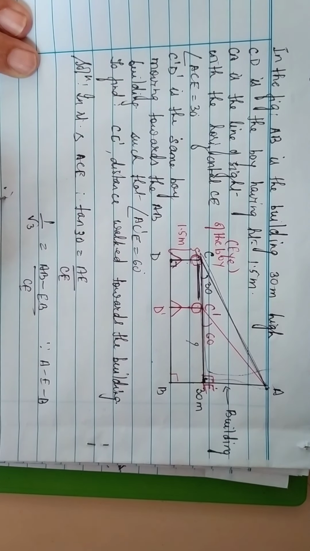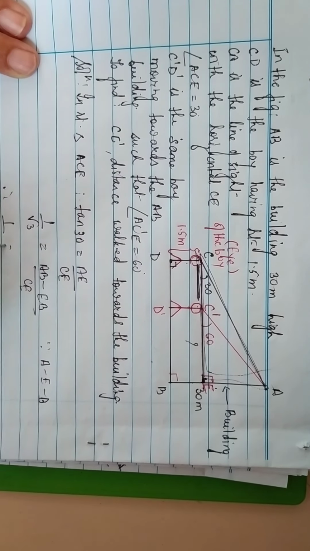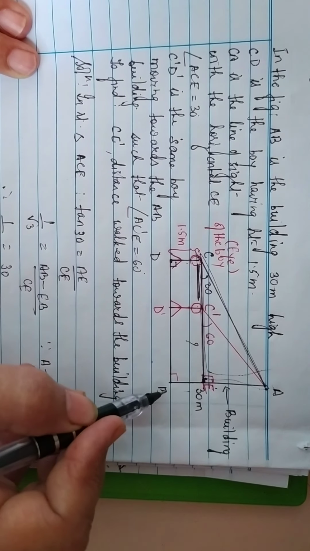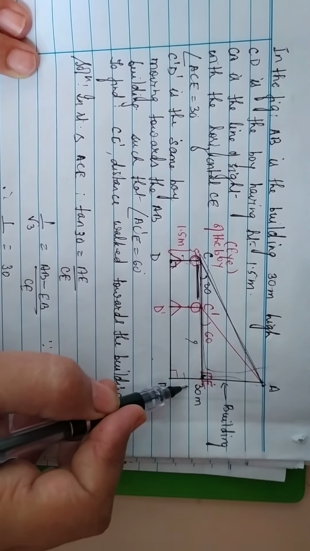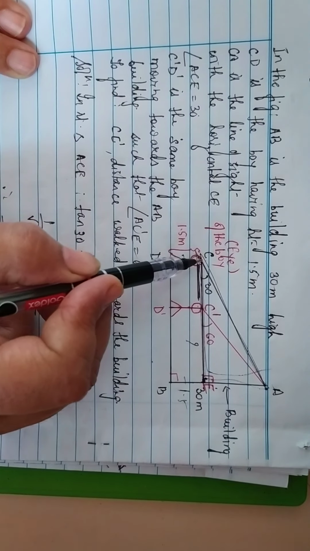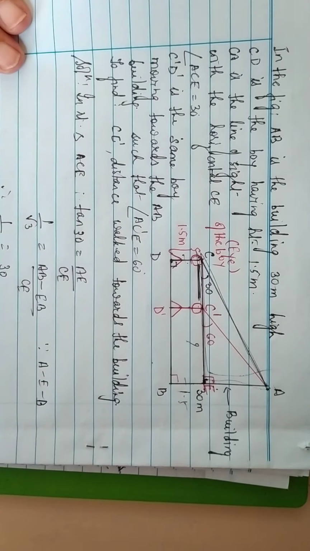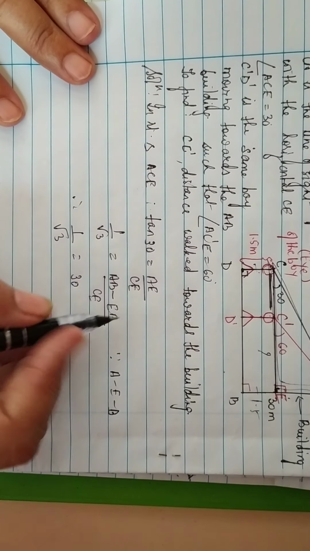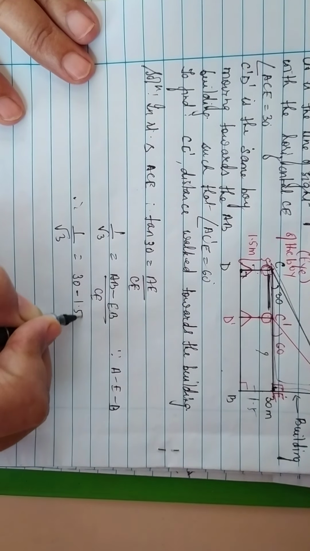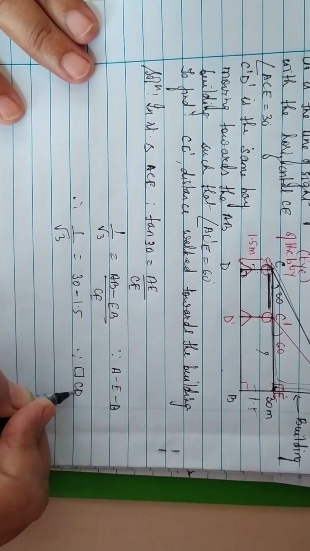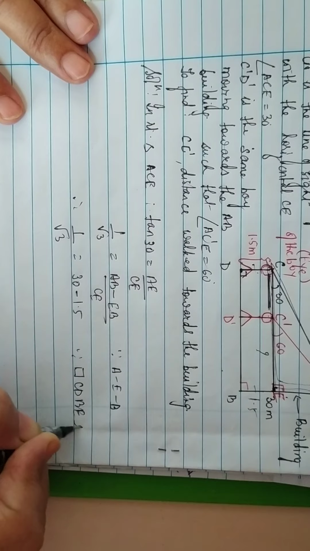So 1 upon root 3 equals AB, which is 30, minus EB, which will be 1.5, since quadrilateral CDBE is a rectangle. So we write this as 30 minus 1.5.